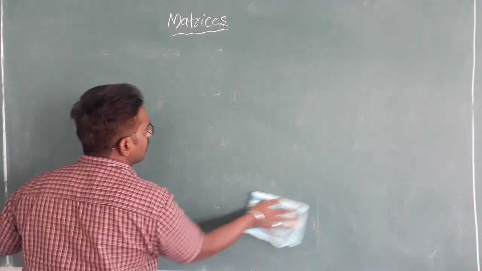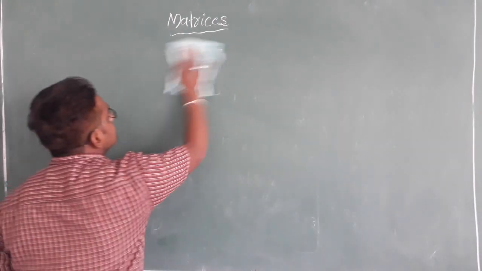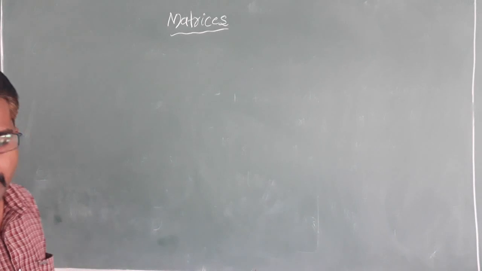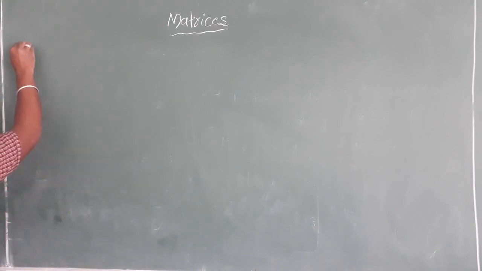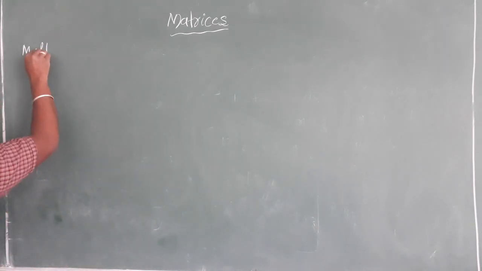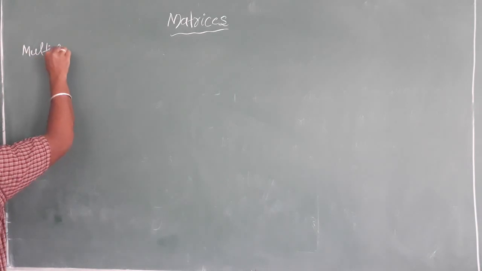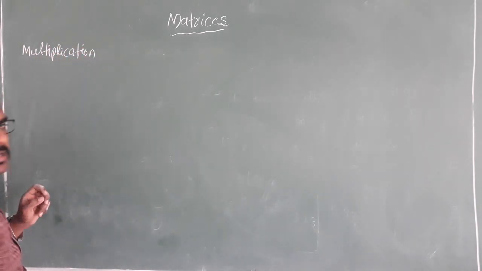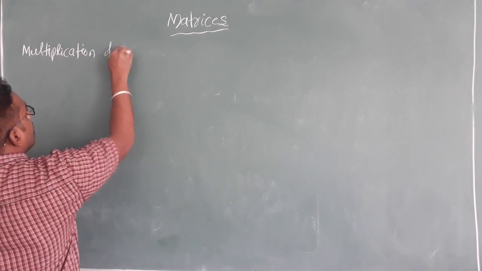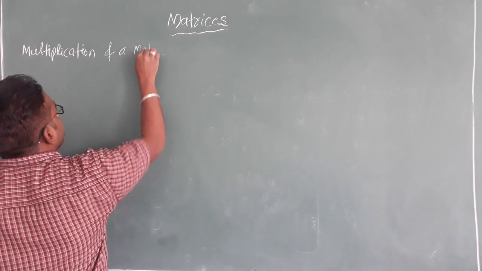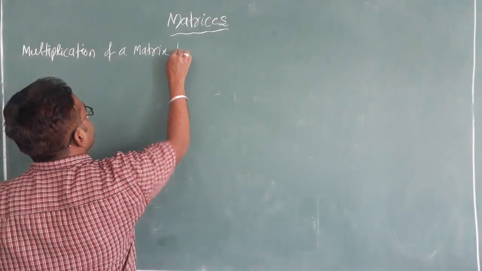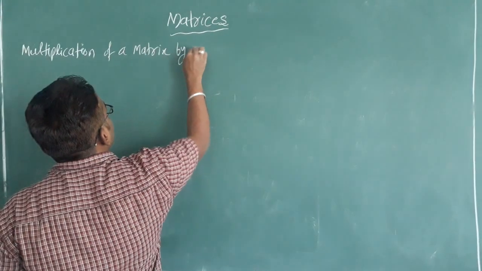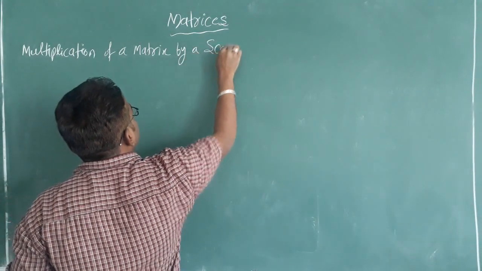So in the operations on matrices, the next one is multiplication of a matrix by a scalar.